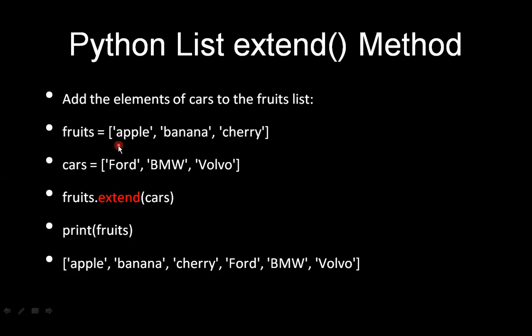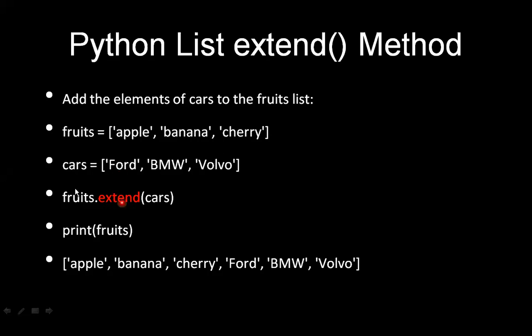Notice that when I print the fruits here, we get apple, banana, cherry, Ford, BMW, Volvo. Before using the extend method, the fruits list consisted of only three elements.